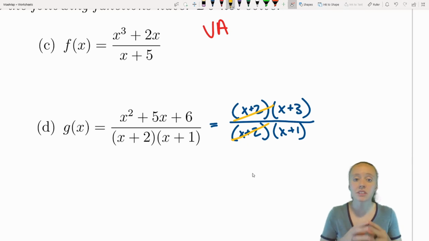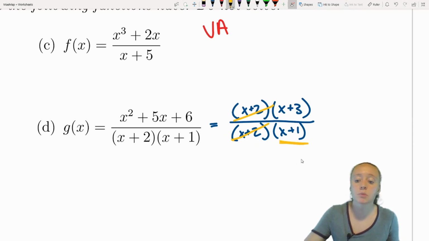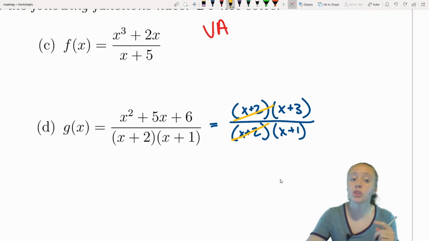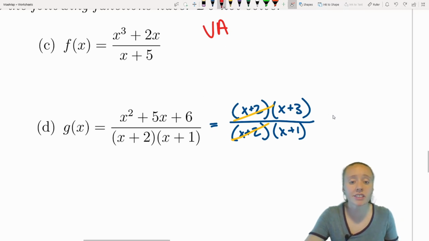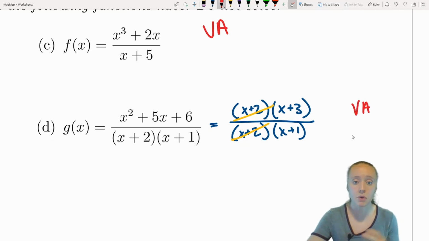So x equals negative 2 isn't actually a vertical asymptote. It's just going to be a hole because it canceled out. However, this x plus 1 does not cancel out, so I do still have one vertical asymptote in my problem, and that's when x equals negative 1.